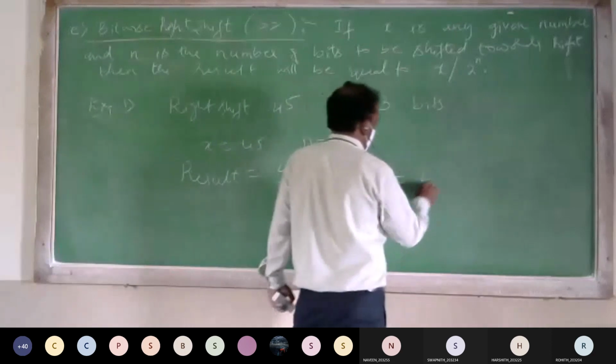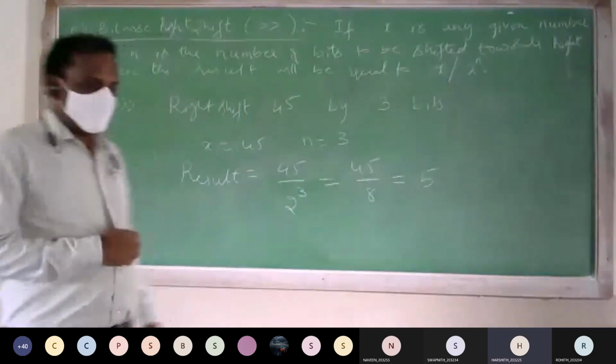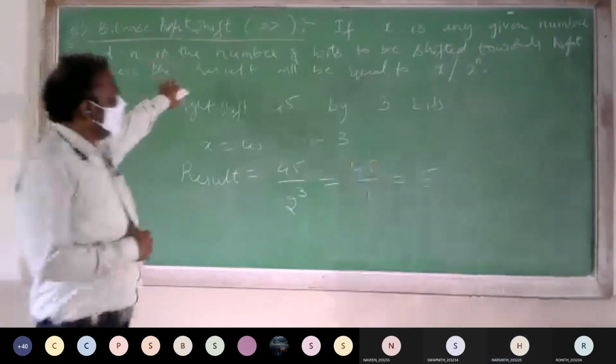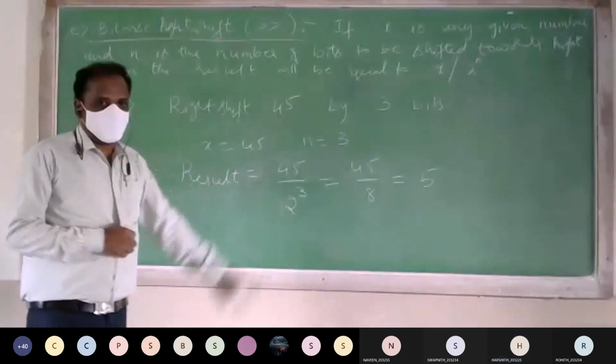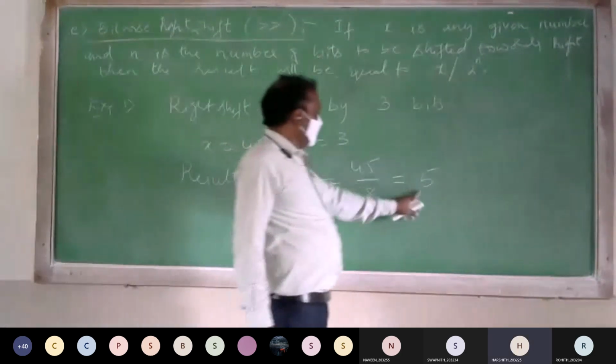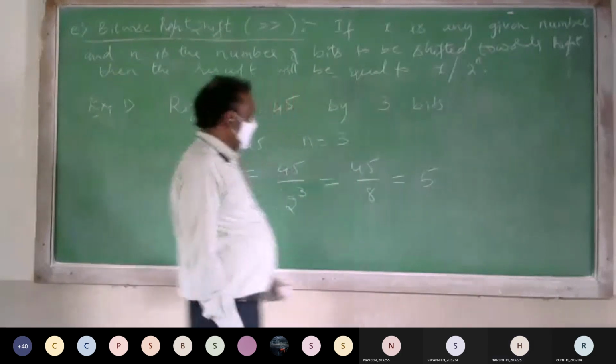What is 45 by 8? 5.6. Now you should not take the decimal part, because these bitwise operators work only on integer numbers. So you have to take only the integer value, not the decimal value. 45 by 8 is 5.